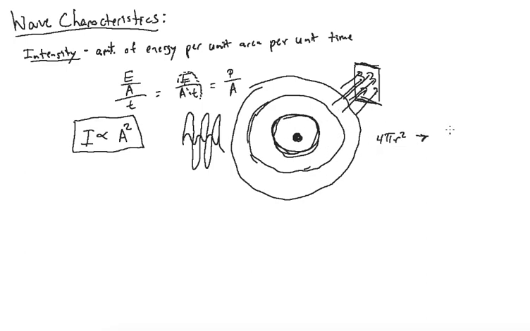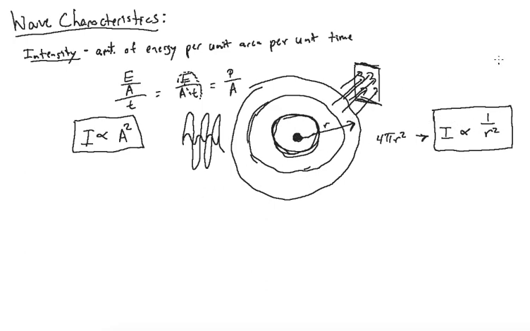Over the surface of a sphere, intensity is proportional to 1 over r squared, because 4 pi is a constant, so we don't have to worry about it in the proportion, but it's proportional to 1 over the distance squared from the source of the wave. So if this is the source of the wave, then whatever r happens to be, the further you are away from it, the weaker it will get.